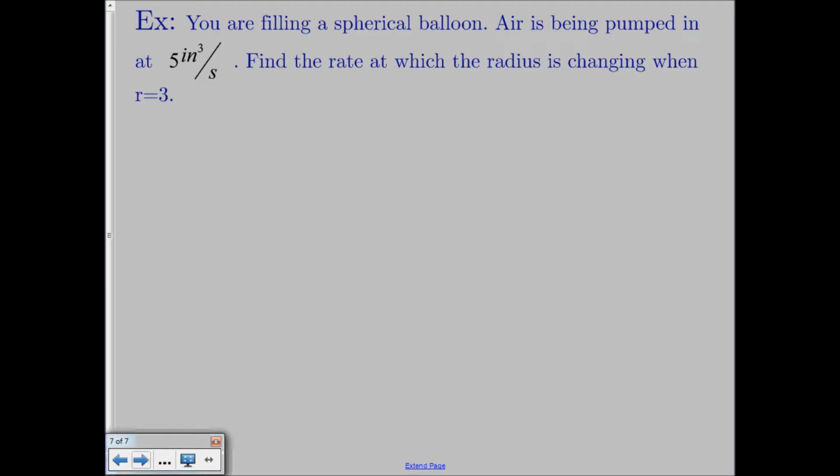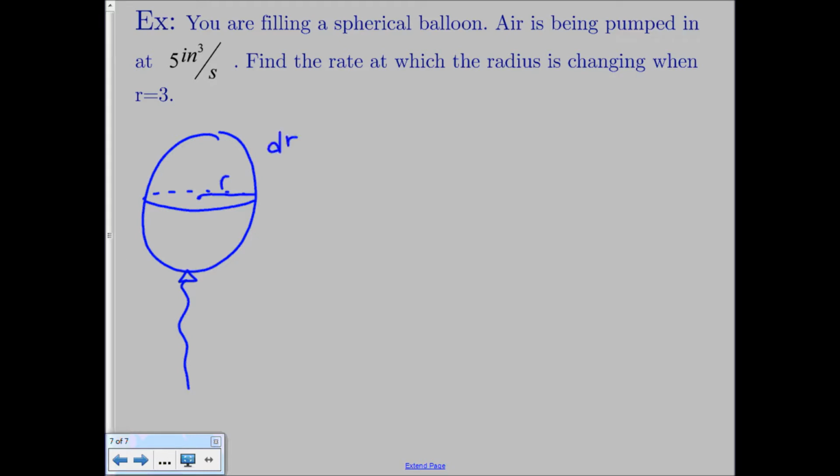So let's draw a picture first. So we've got a spherical balloon here, and we want to know the rate of change of the radius. So if we draw a radius in here, we want to know what dr/dt is.